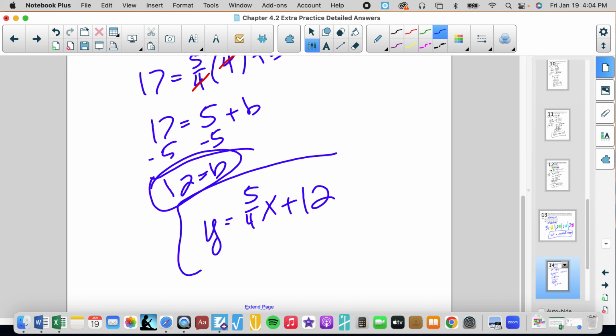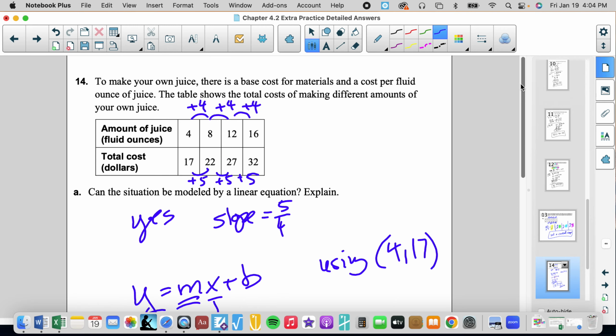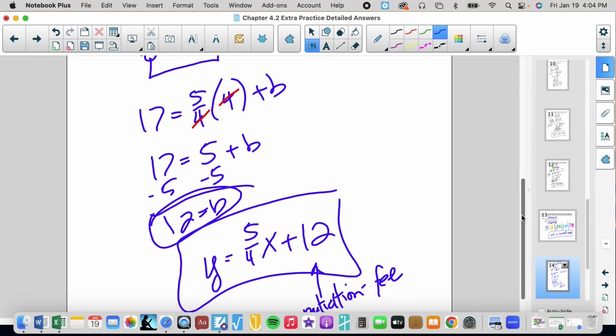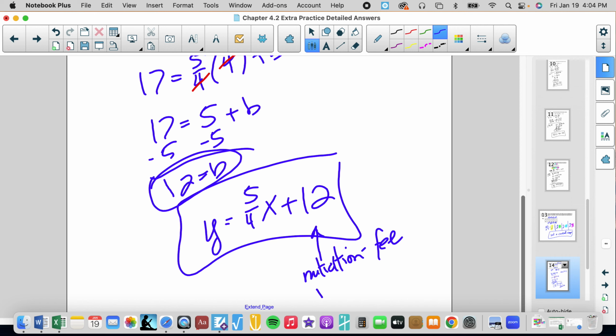Do you know what 12 represents? That is my starting fee, my initiation fee, or my initial costs, the costs for materials, and then the cost per fluid ounce of juice. So this is the initial materials, and this is going to be the cost per ounce.